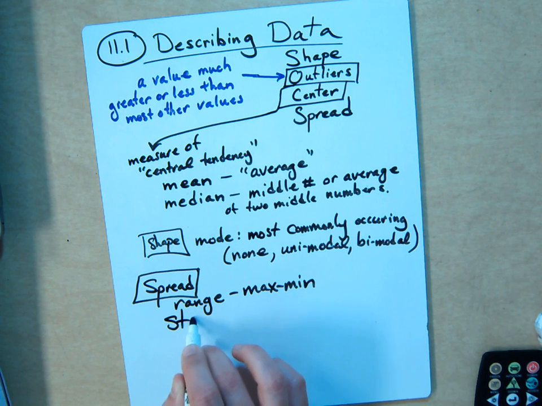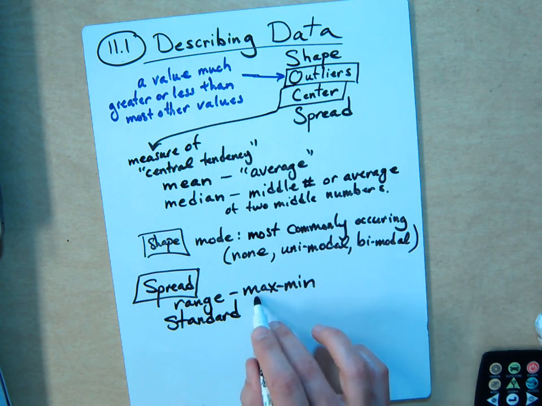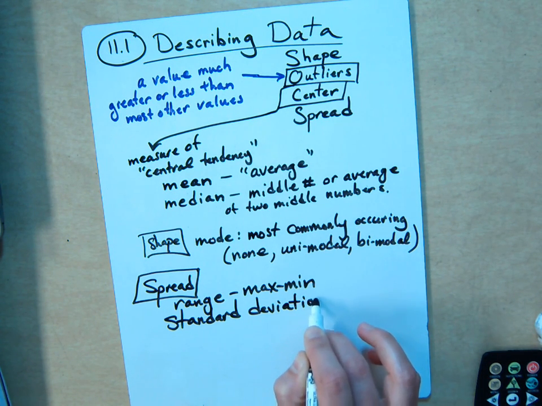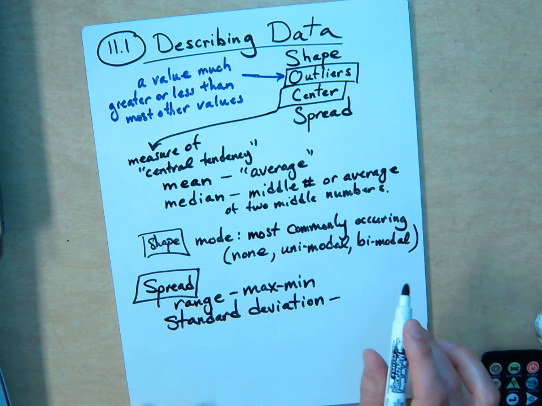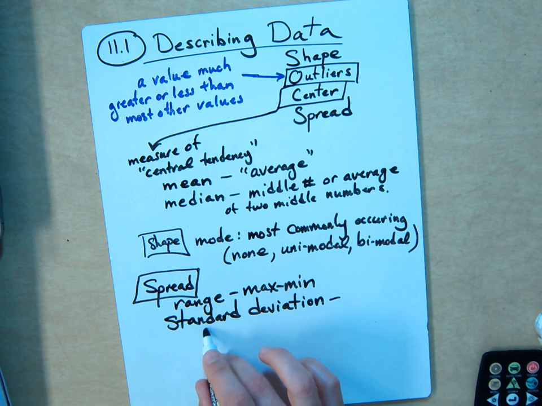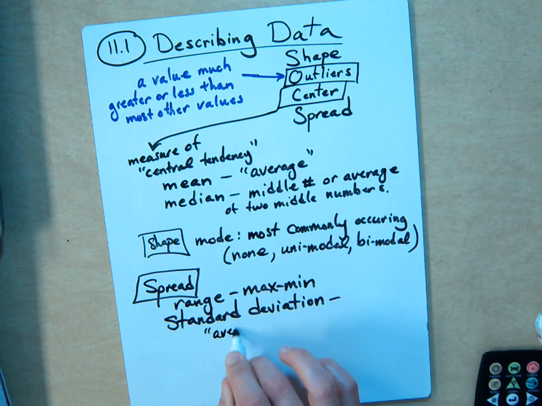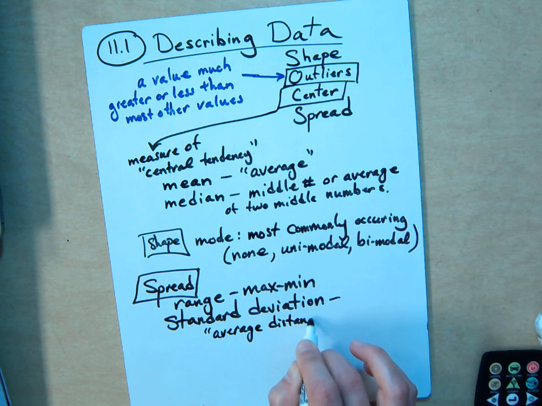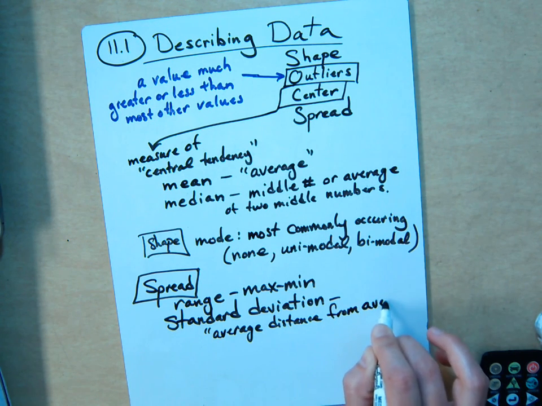The standard deviation is a key measure. What it says is, on average, how far away are the values from the average. So it's basically the average distance from the average.